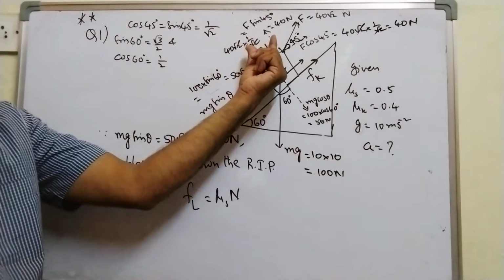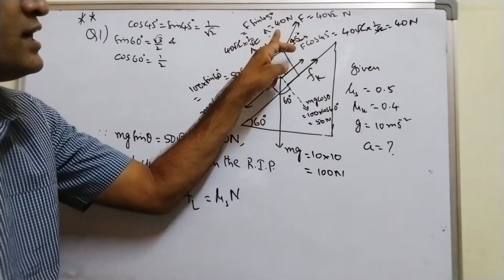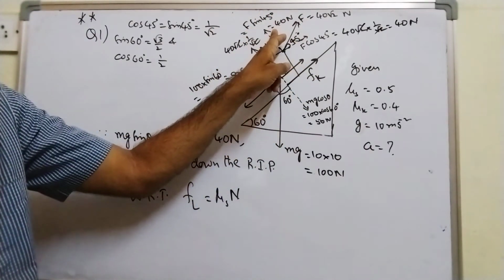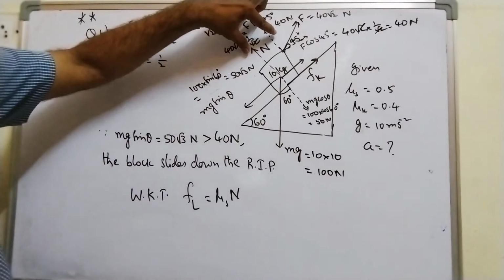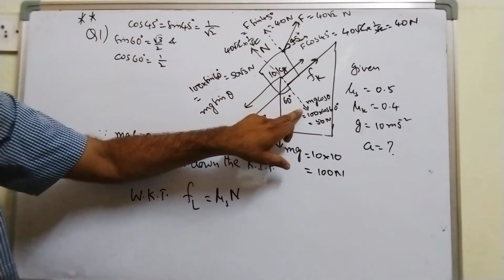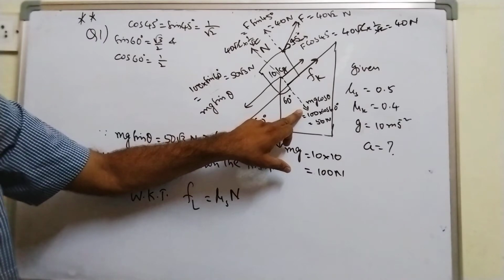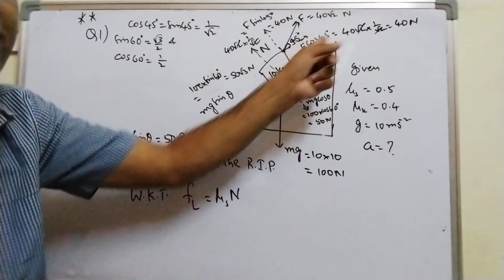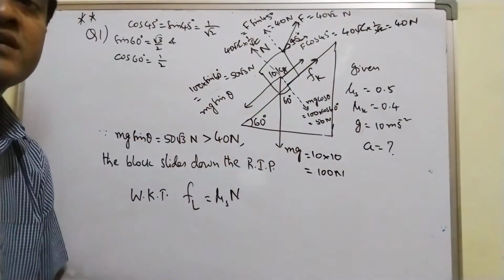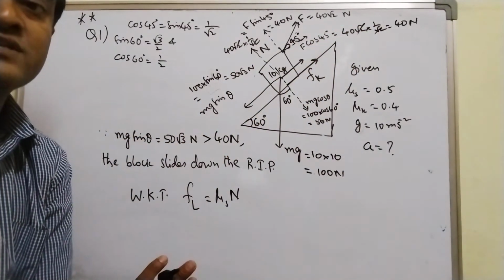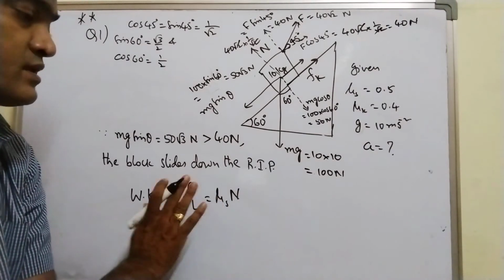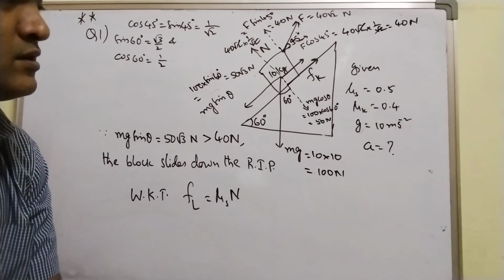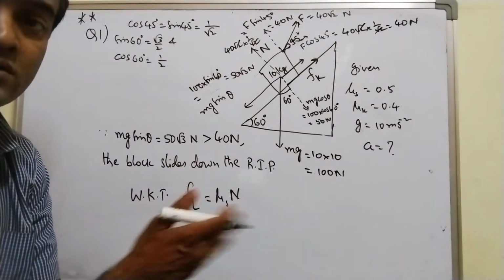Here you have two forces: the normal force and the vertical component of this force, F sin 45, which are balanced by mg cos theta. And here there are two forces, kinetic frictional force and F cos 45, which are balanced by mg sin theta. After finding out FL only, I can come to know whether the block is at rest or moving.